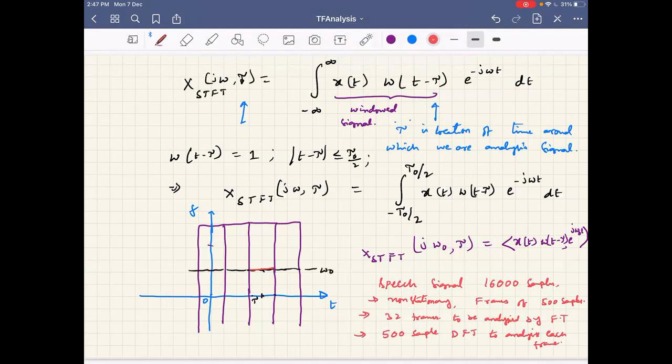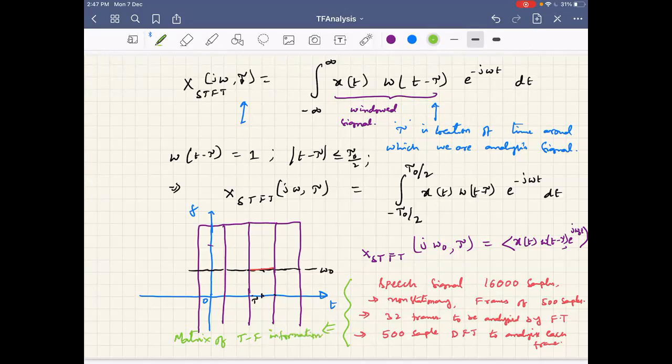And hence the matrix of the time frequency plot, the time frequency information, is how much?